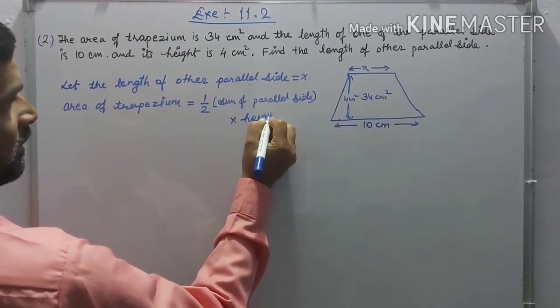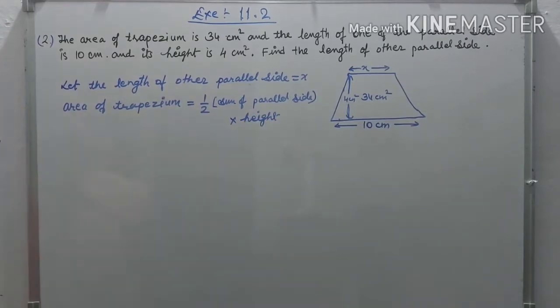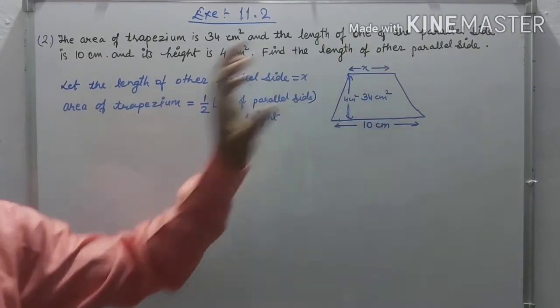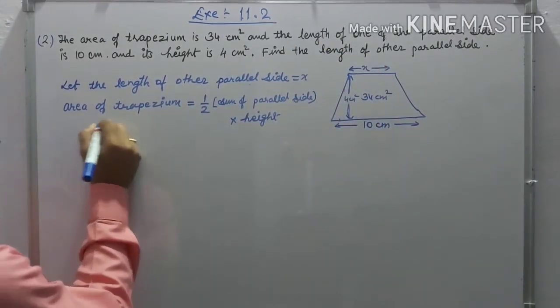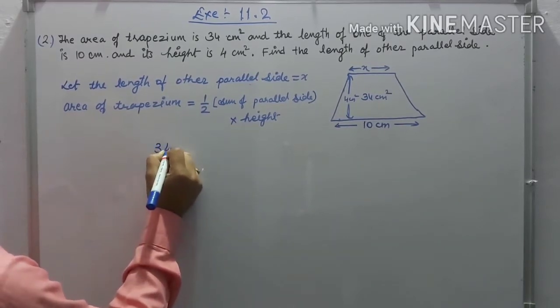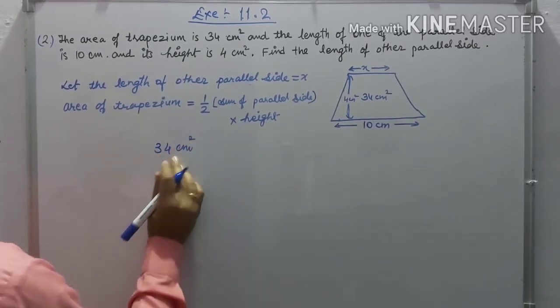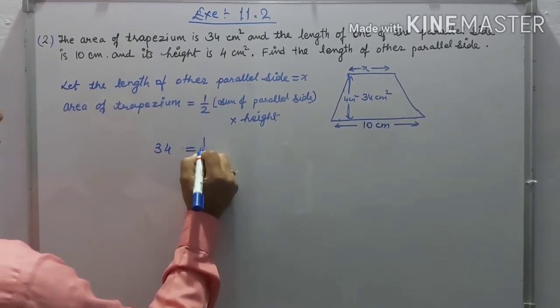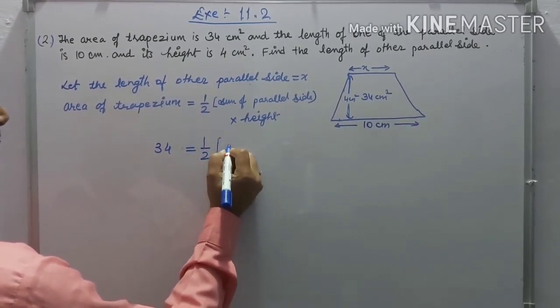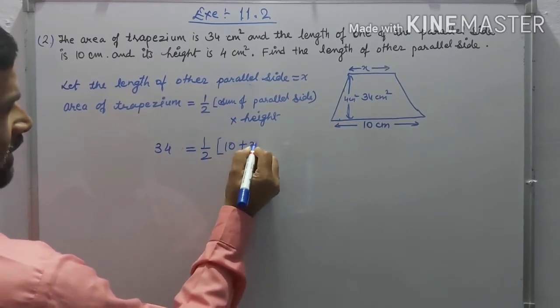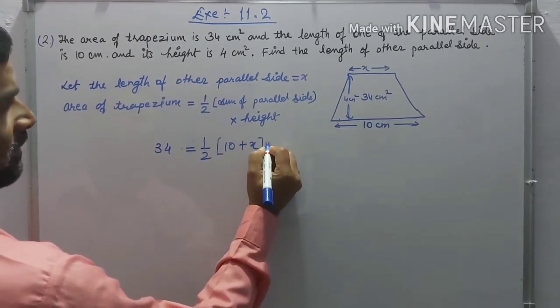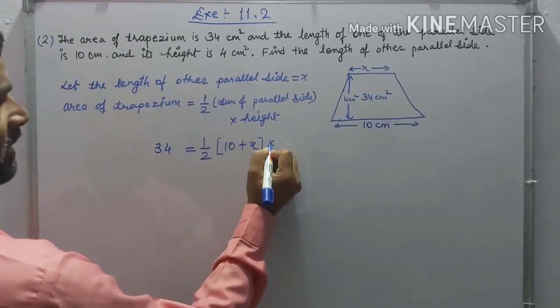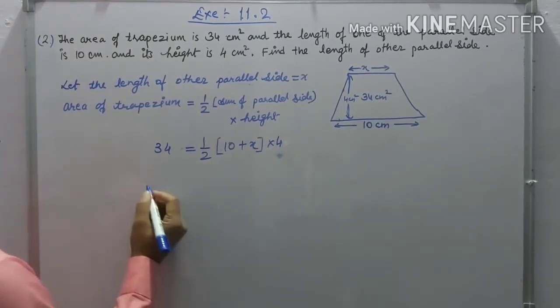Height is the distance between two parallel sides. Now put the values. Area of the trapezium is given 34 centimeter square, so you write 34. 1/2 into 10 plus x, and height is 4. You write multiply 4. Now solve.